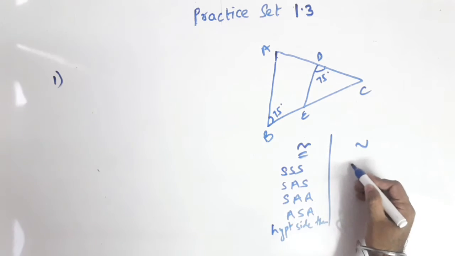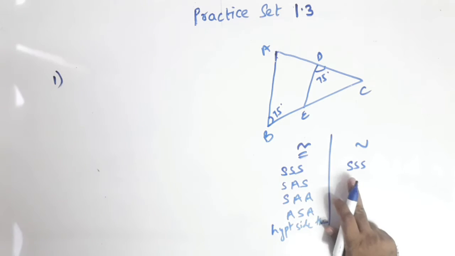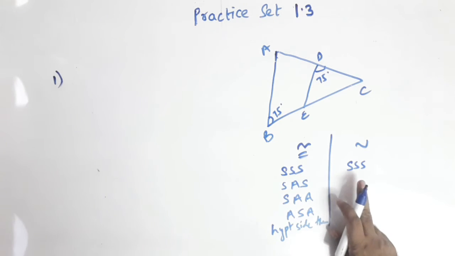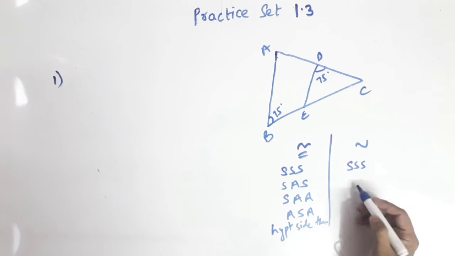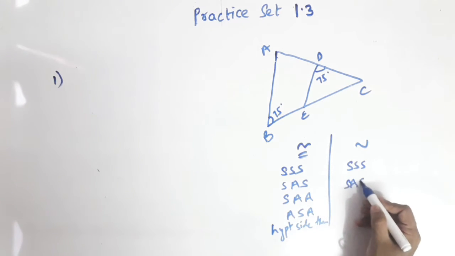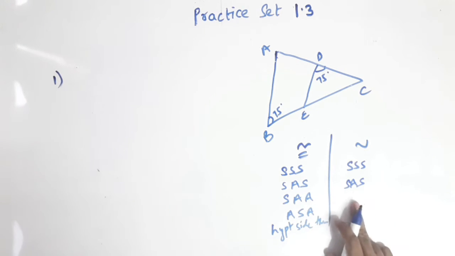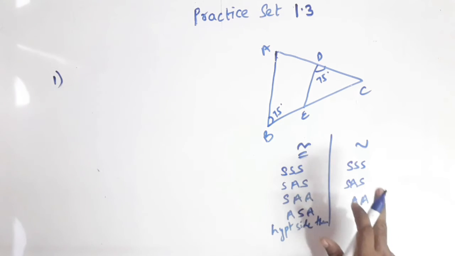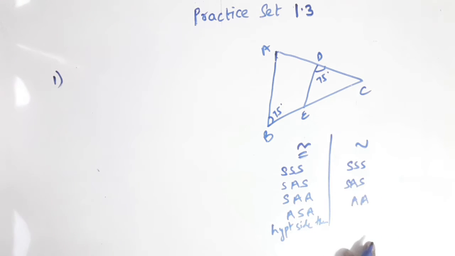But in similarity, we have SSS here also. Here the sides are not congruent, the sides are proportional. Then we have SAS: two sides proportional and one included angle congruent. And we have the angle test: when any two angles of a triangle are congruent to two angles of another triangle, then the two triangles are similar under the AA test.